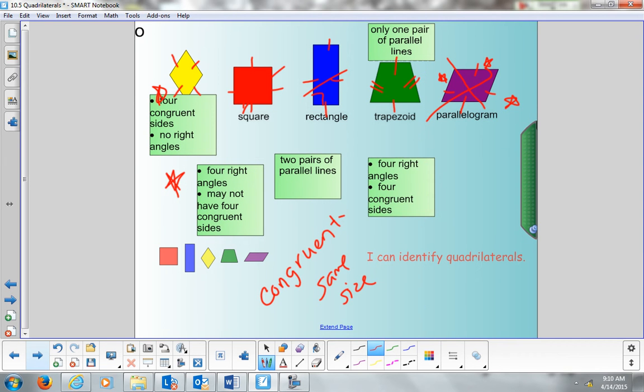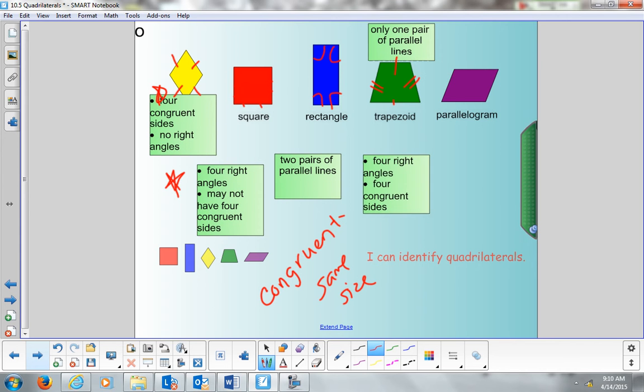All right, we've got 4 right angles and 4 congruent sides. I have 4 right angles on this one, and all my sides seem to be the same. Okay, 4 right angles on this one, and my sides are not the same size. And no right angles on the parallelogram.